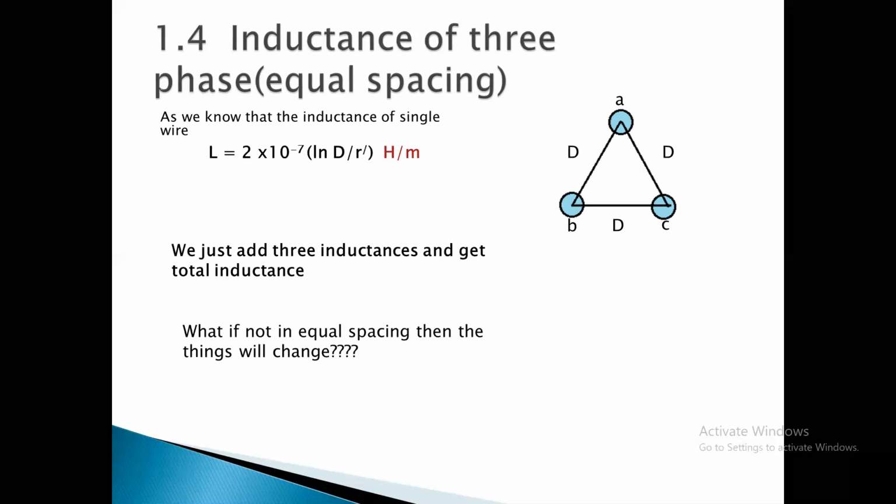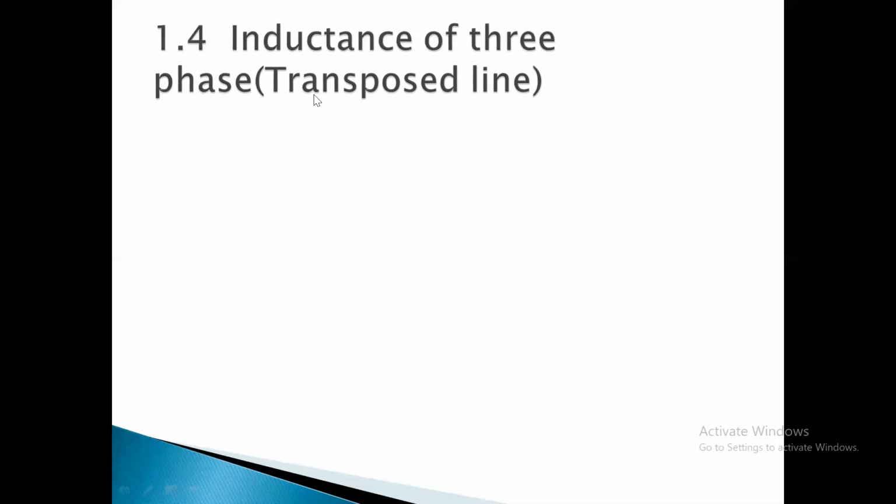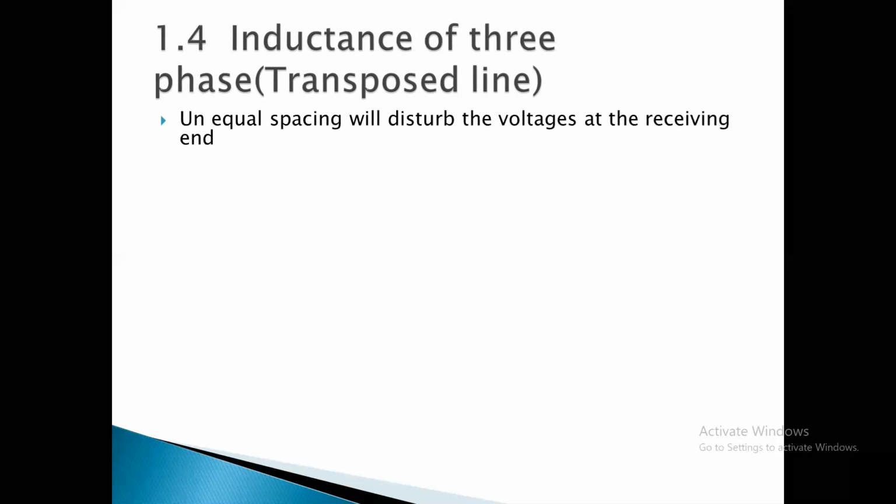So you must know that in the problem, firstly, you have to read the problem and confirm whether it is written that it is a transposed transmission line, or transposition of the transmission line has been done. Normally, in our power system, we always transpose our transmission lines in case of unequal spacing, because unequal spacing will disturb the voltages at the receiving end.